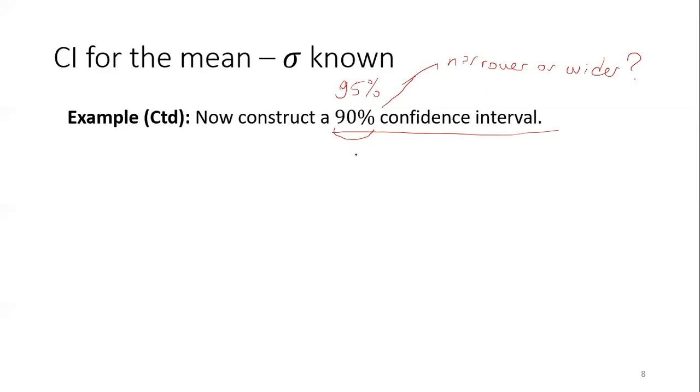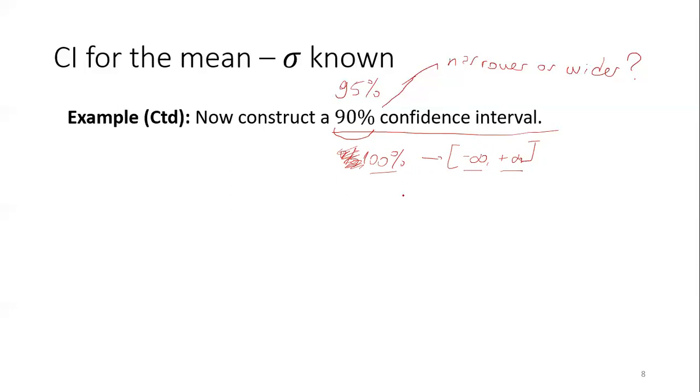Let's think about this. If you want to be 100% sure, then your interval is minus infinity to plus infinity. You are 100% sure that your unknown mu is between minus infinity and plus infinity.